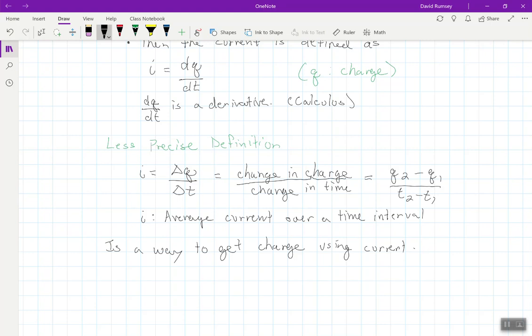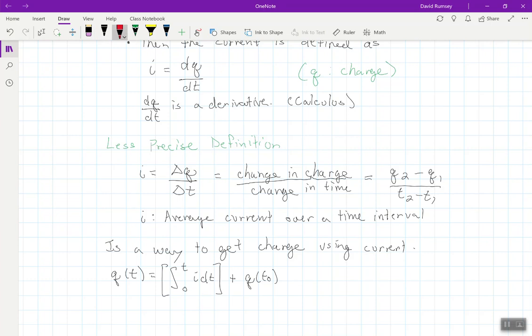I will at least write this down for us, but I'm not going to go into the details of it. So we can get the charge back by, and this is a weird symbol again, and I will explain what it is briefly, but not go into any kind of details. So we can get the charge back by doing this.